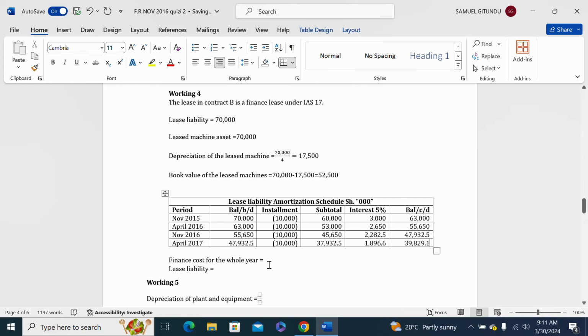Therefore, the finance cost for the whole year, the finance cost is just for that year, is this 3 million. We add 2,650,000.